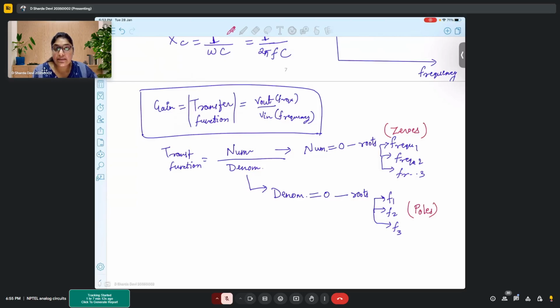Ma'am, can zeros be defined as the range of frequency where the op amp will not be operable? See, you cannot say it so simply, because it's not that easy.